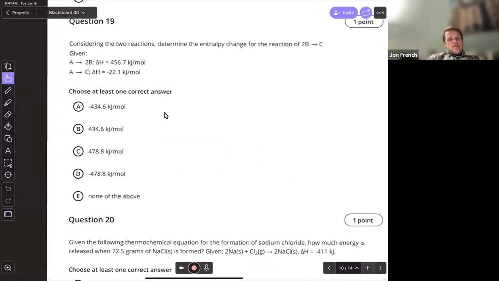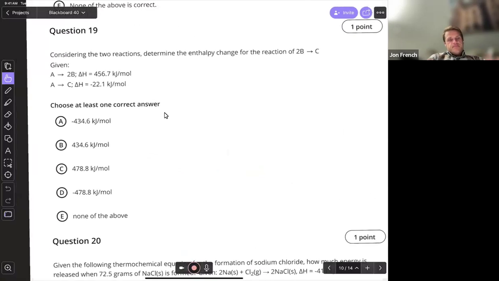All right, question 19, Hess's law. Got these two reactions, A going to 2B, A going to C, delta H for both of those. We're asked about this reaction though, the energy for 2B going to C. So what we need to do is manipulate these two reactions so they add together and give me the reaction that I'm looking for.